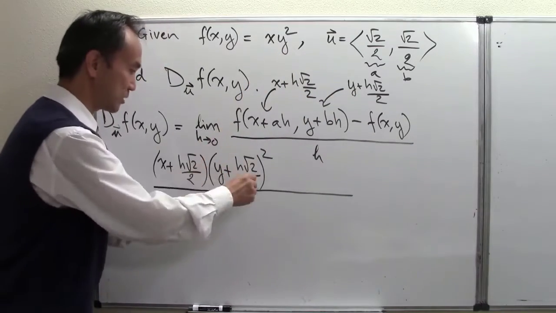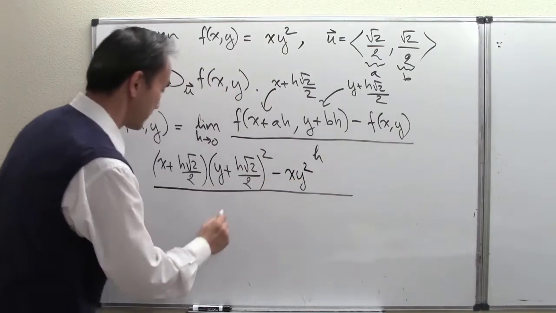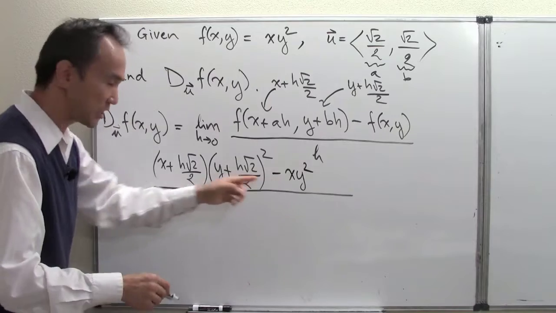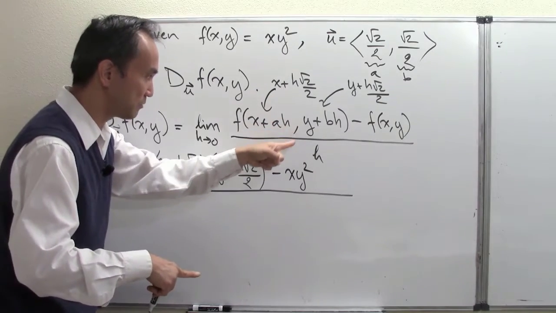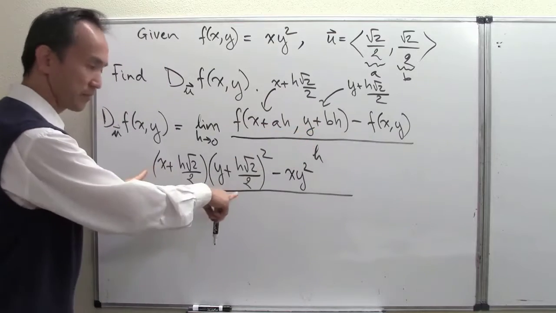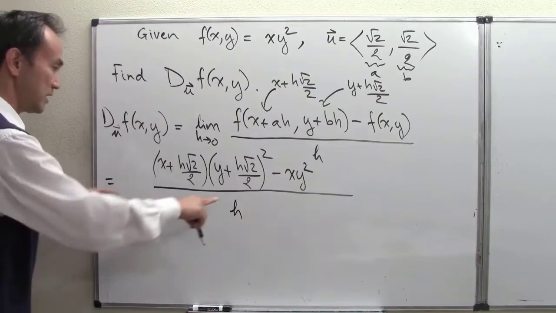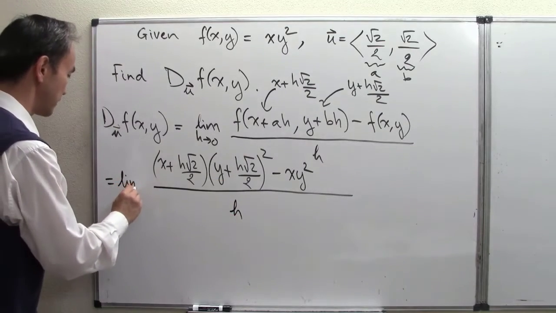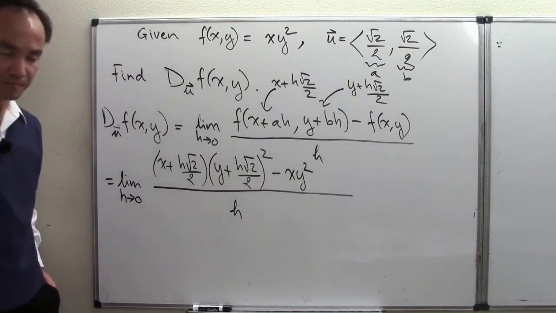And so we have this expression with the square. I'm going to need to subtract x y squared. That is the difference between f of x plus ah comma y plus bh and x y squared. We divide by h, and this difference quotient is going to be regarded as a limit problem where we let h approach 0.